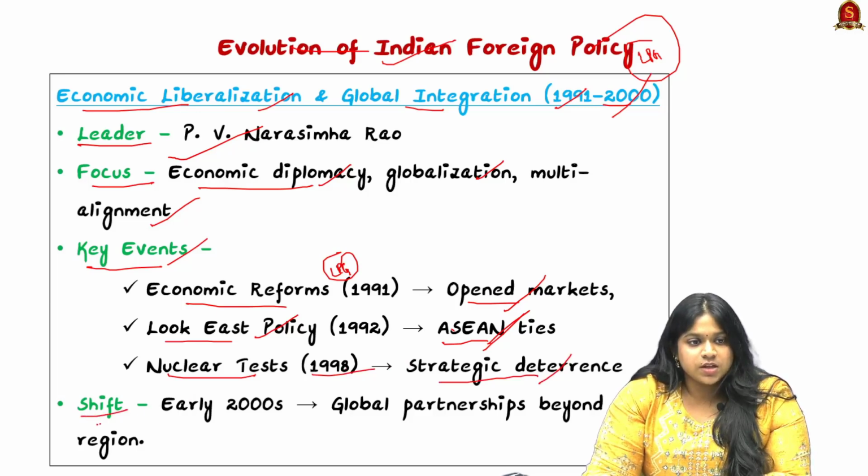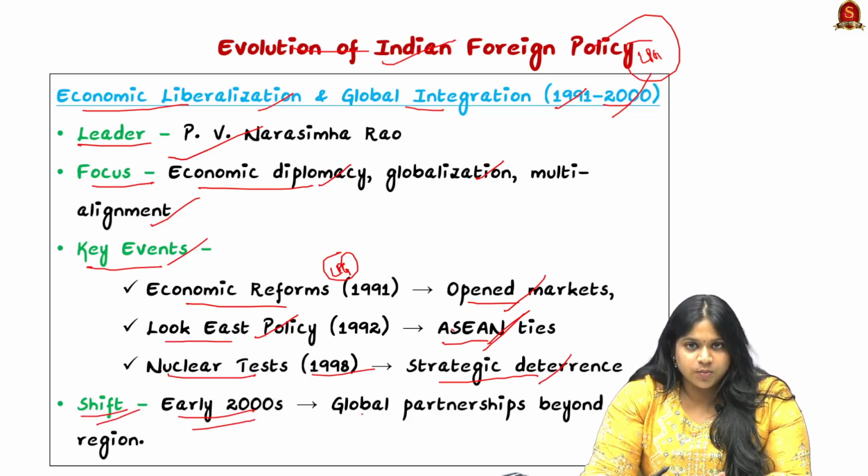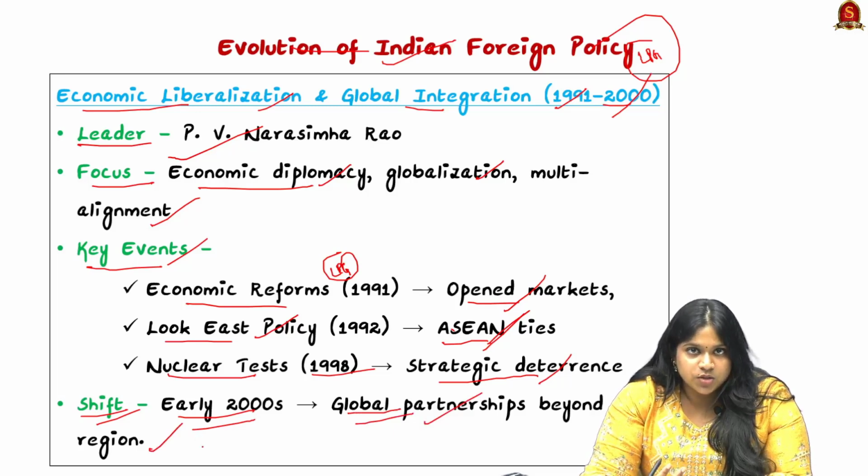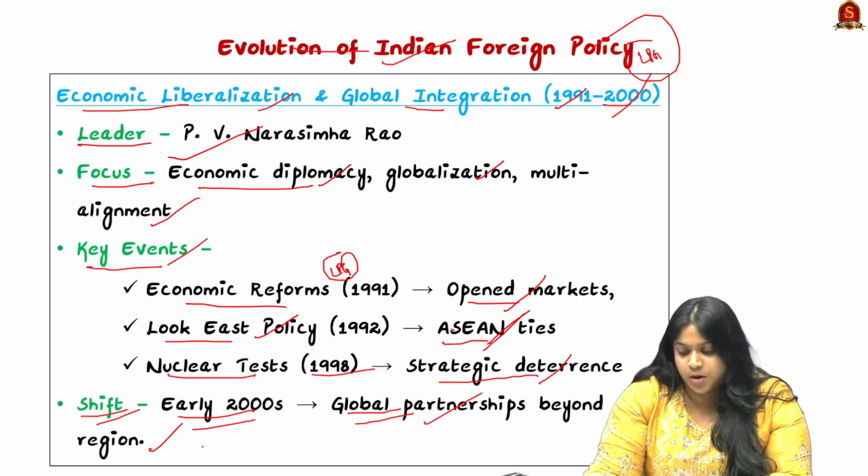After this, there was again a major shift in the early 2000s, where, after our country recognized the importance of multi-alignment, we brought in global partnerships beyond the region. So after giving importance to regional diplomacy, we brought in importance for global diplomacy and global partnerships.